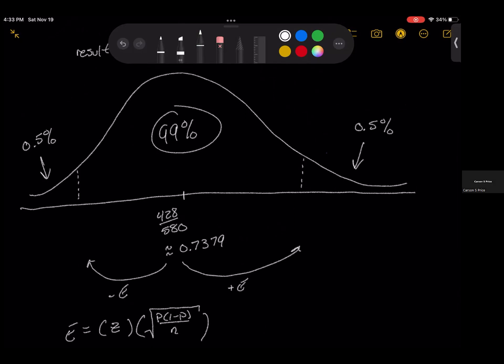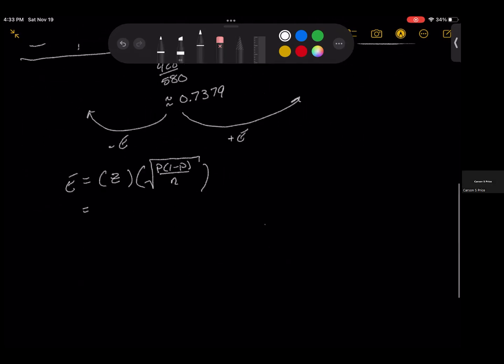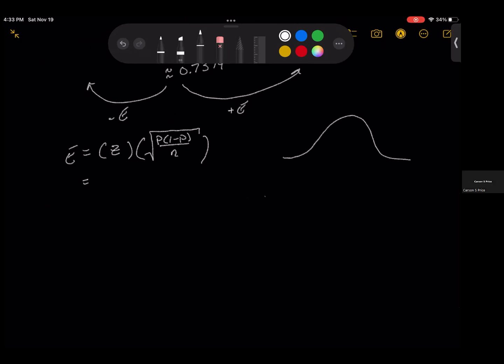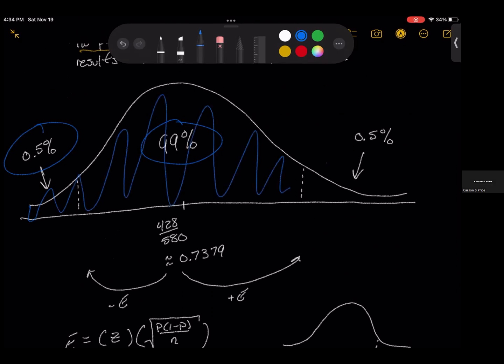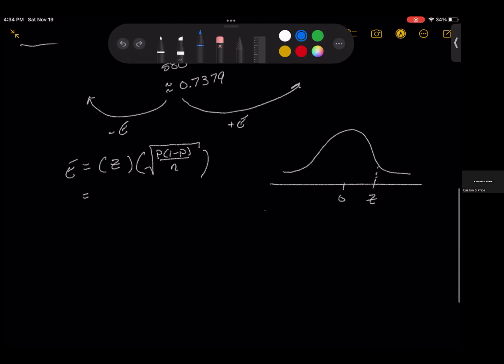Now, to find the z-score that corresponds to this picture, if I have 99% in the middle and 0.5% right there, then if I add up all of this area, the z-score that I'm looking for is going to have 99.5% to the left of it.